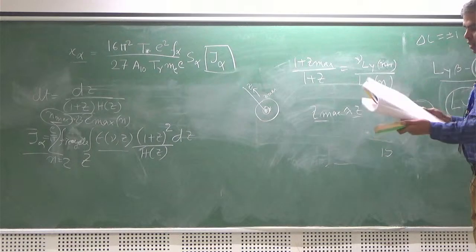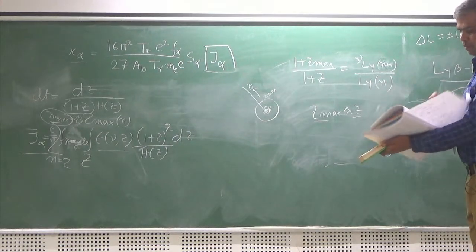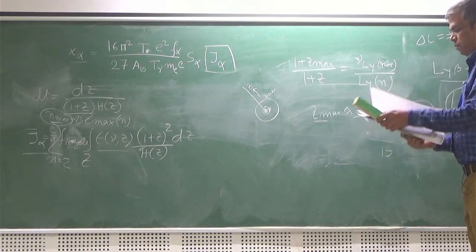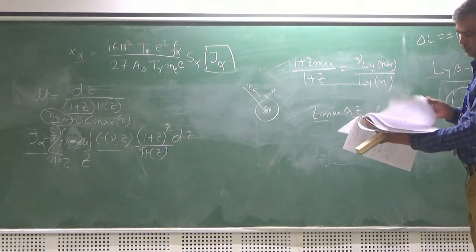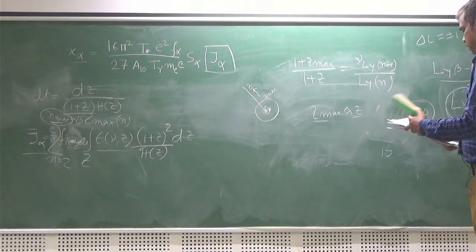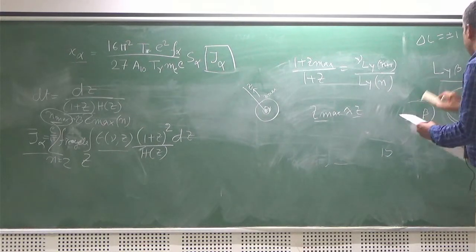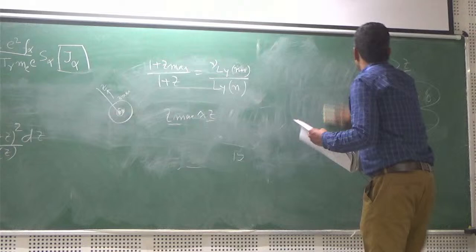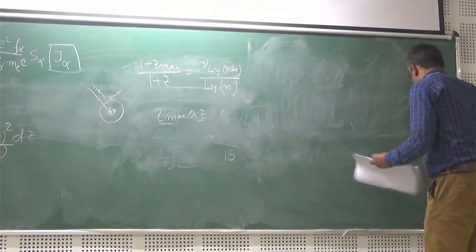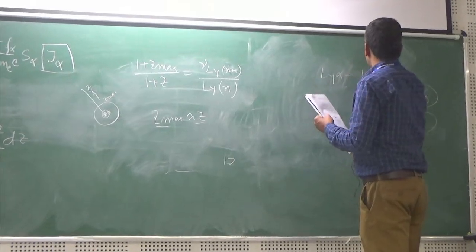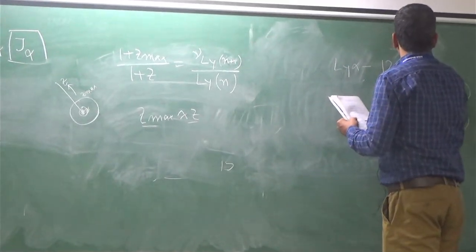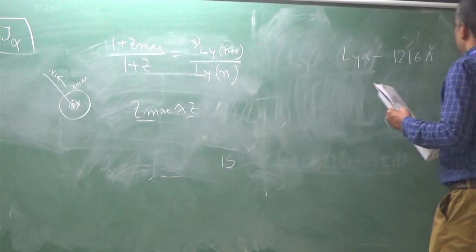I can give you an example, then you will understand. Lyman alpha wavelength is 1216 angstrom, right?